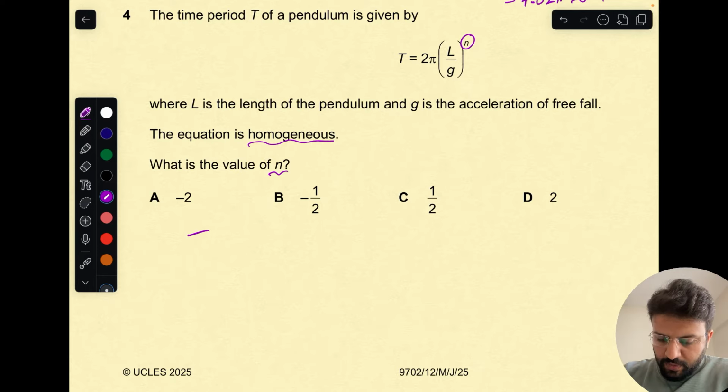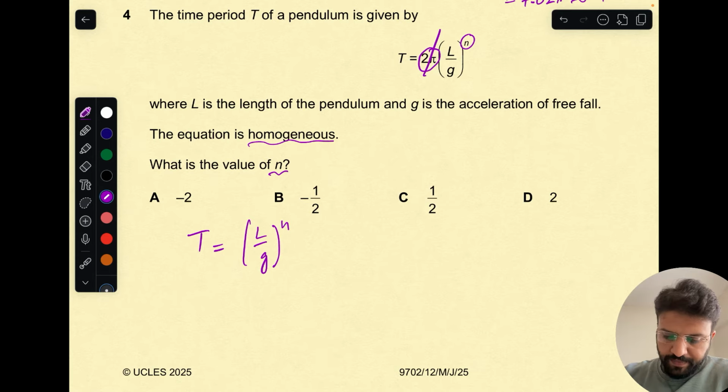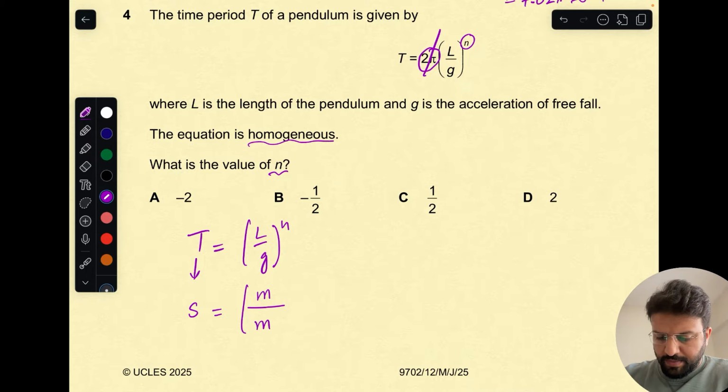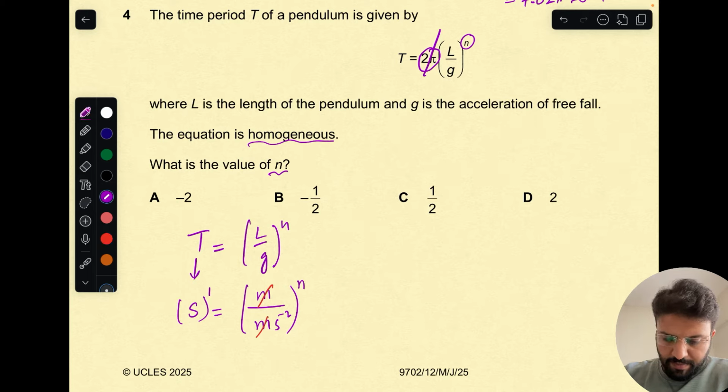So if we write the equation, T is equal to, we can ignore the 2 pi just because they are simply numbers, L over G. Okay, so in terms of units, T will have units of seconds, it's a time. L will have units meter. G is the acceleration, it has units meter per second square, and they have whole power n. On the left side the power is 1. Okay, so this m will cancel out with m.